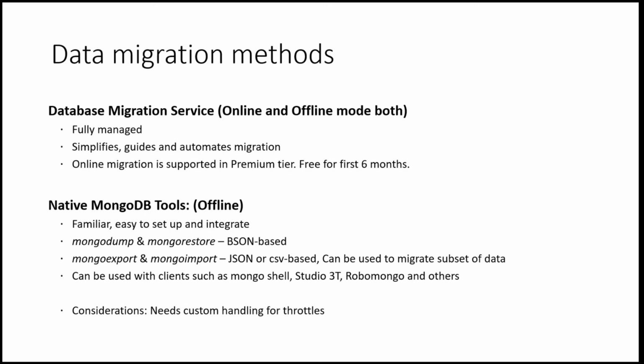And these can be used with different types of clients like Mongo Shell, Studio 3T, RoboMongo, and so on. So again, this is free and works great for a lot of customers who are already familiar with MongoDB, right? The only consideration here would be it's not familiar with the Cosmos DB throttling concept, so you would need to handle that carefully or handle it in a custom manner.